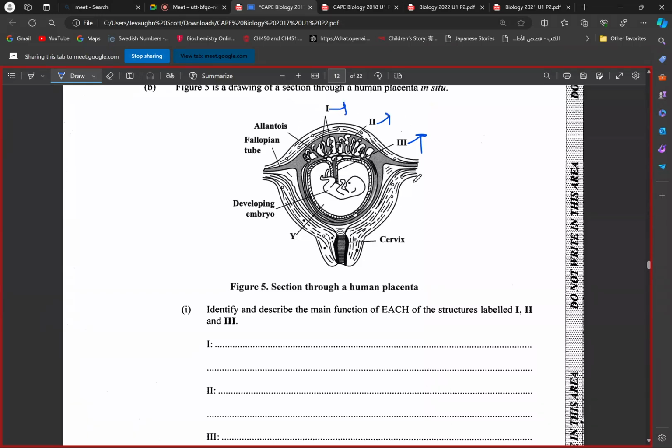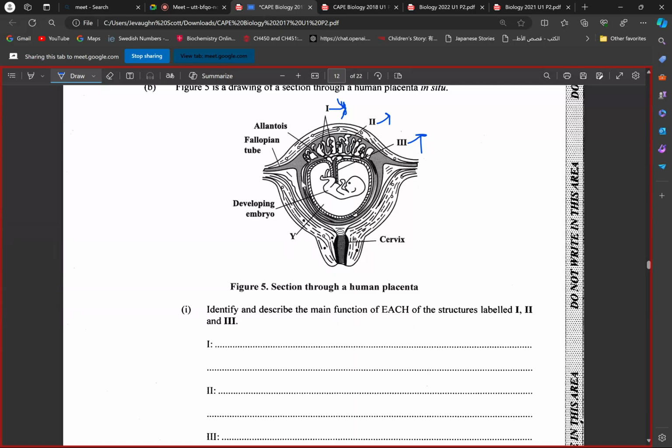The function of the chorionic villi would be to absorb nutrients along with any other useful material from the maternal blood supply towards the fetus. The chorionic villi is there within the intervillous space, the space between the placenta and the fetal blood supply, so it is used to absorb nutrients and useful material from the maternal blood supply so they can enter the fetus.